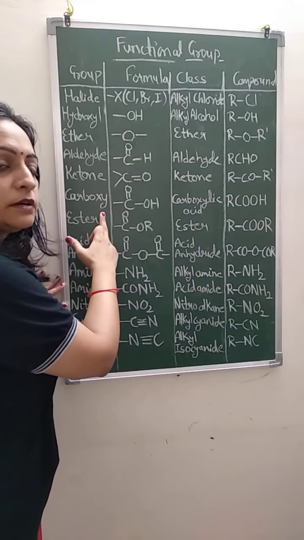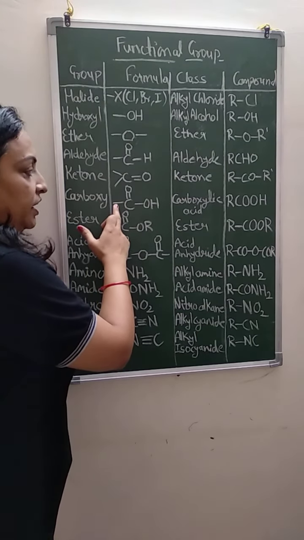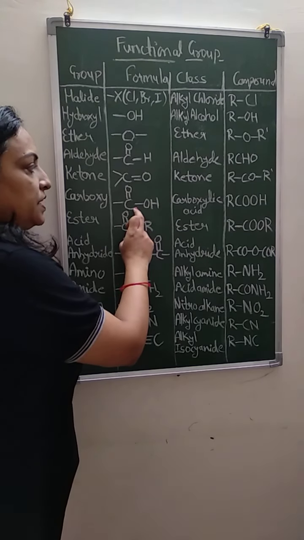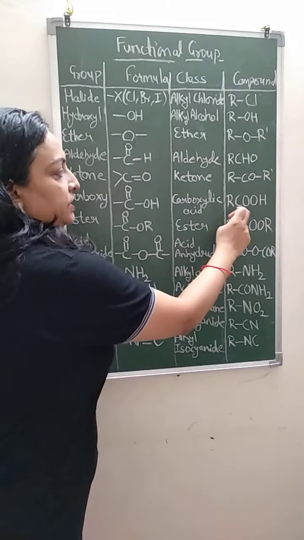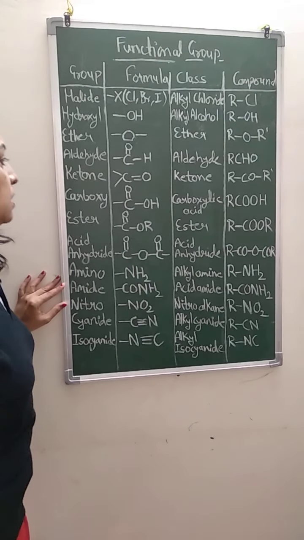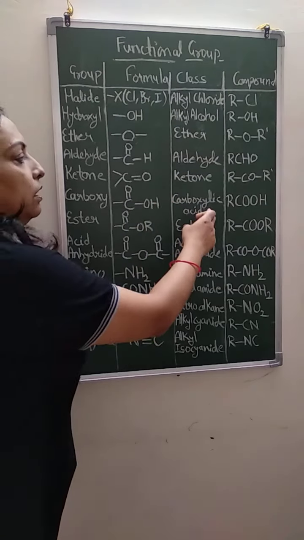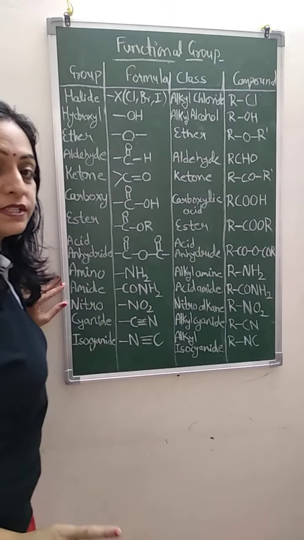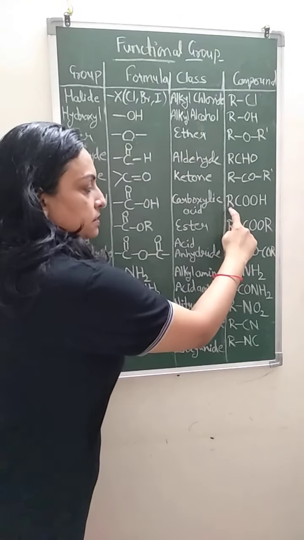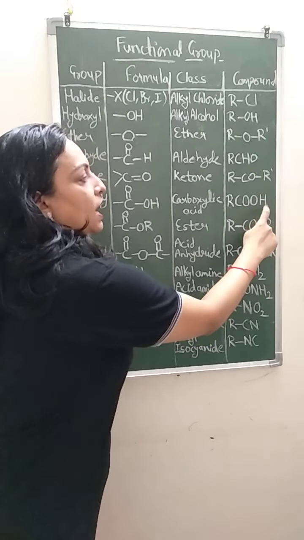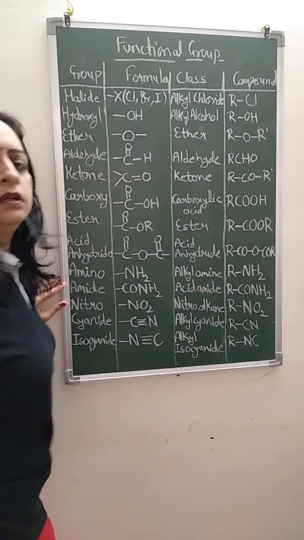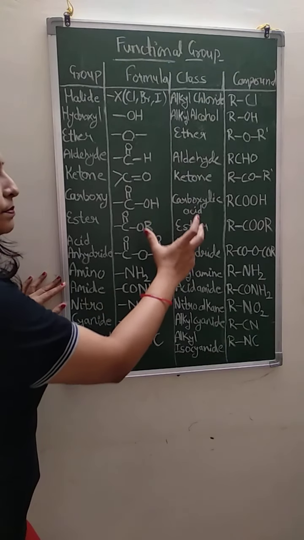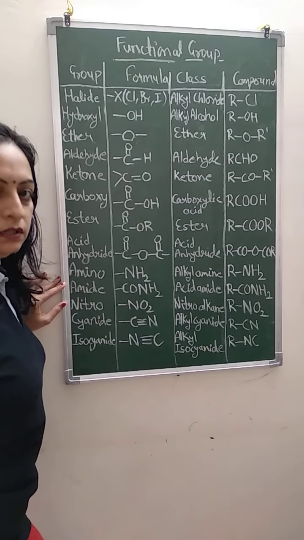Carboxyl is represented by a vacant position, C double bond O and OH, that means COOH. This is the carboxyl group, and our class is known as carboxylic acid. Acids are represented by RCOOH, where R is ethyl, methyl, whatever the radical may be. So this represents our carboxylic acid class.